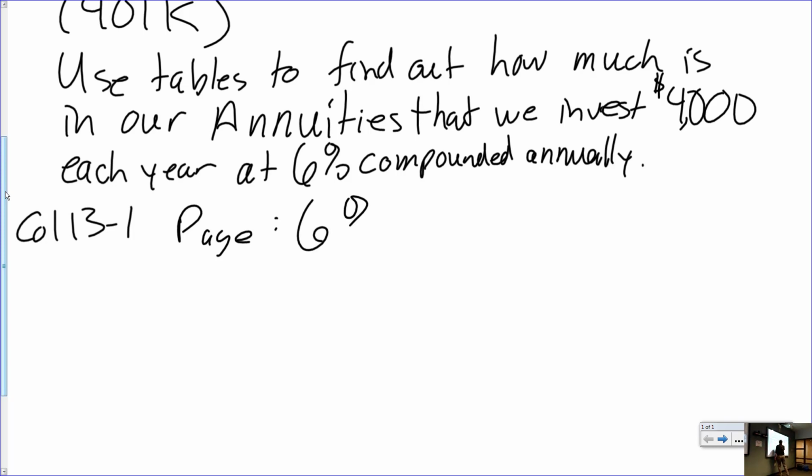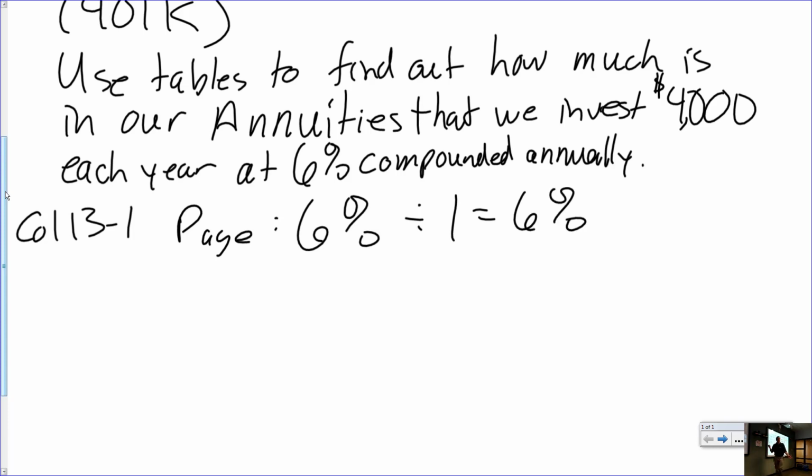Well, our percentage is 6%. If this were Chapter 12, technically we would want to divide by something. What would we be dividing by here, folks? One, right? Because it's annually. So just the exact same technique we used in Chapter 12, use it again in Chapter 13, okay?